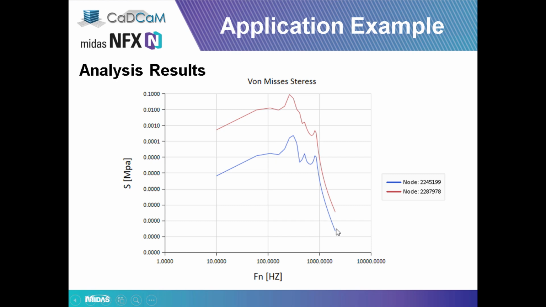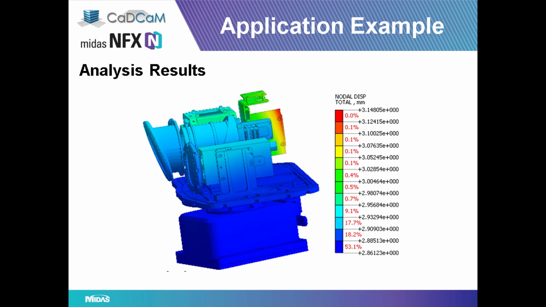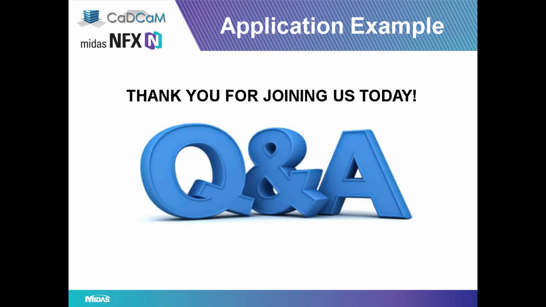This is the minimal stress in a node of the system that suffers the minimum stress, and this is the maximal stress as a function of frequency. Then we can present the G mapping, and then the displacement mapping and the stress mapping.